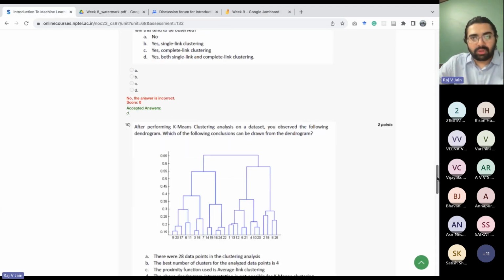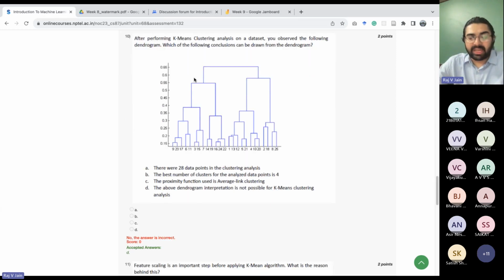Okay, let's move on to the next question. Question number 10. Any thoughts why D could be the right answer? So what do we do in K-means clustering, by the way?